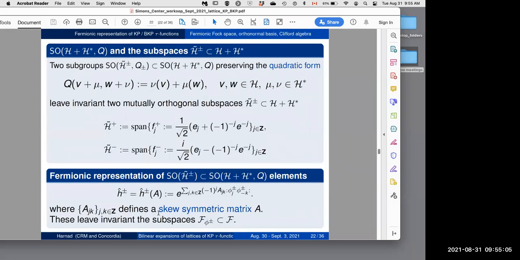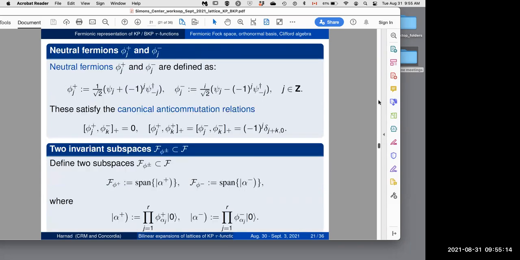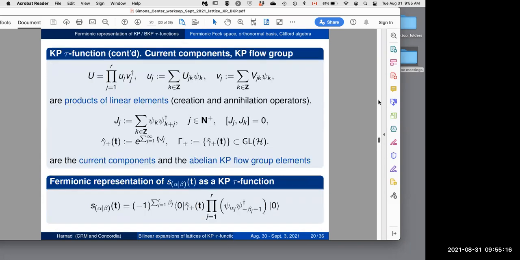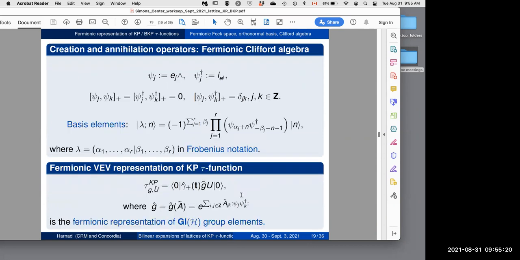Here it's H. H is the exponential of bilinears in the neutral fermions with coefficients of matrix AJK, and similarly, the group elements in GL infinity can be represented as an exponential of bilinear elements in creation and annihilation operators with a matrix coefficient. Now, the assumption is that this matrix, this infinite matrix, is upper triangular. That's the specialization.